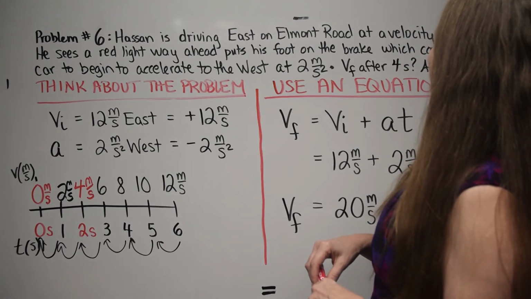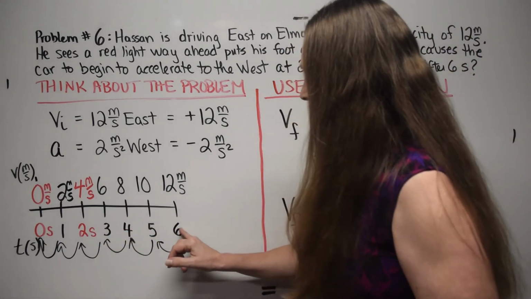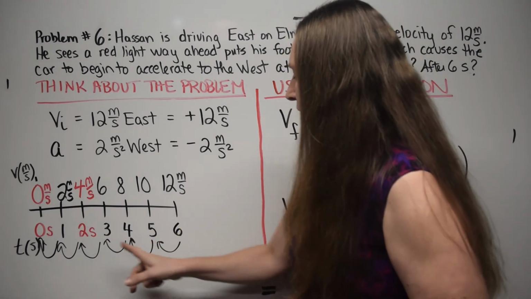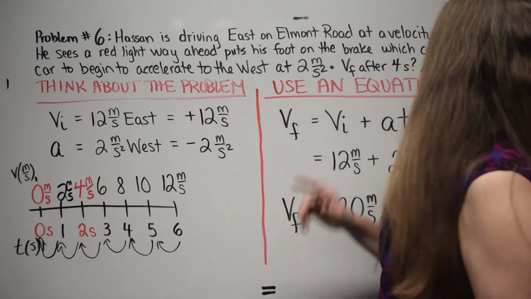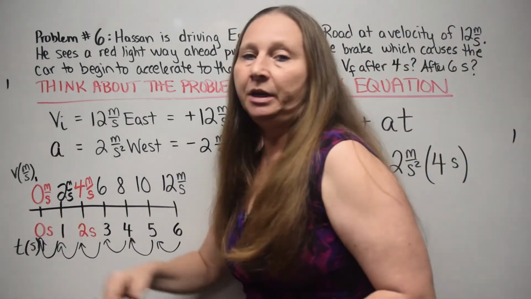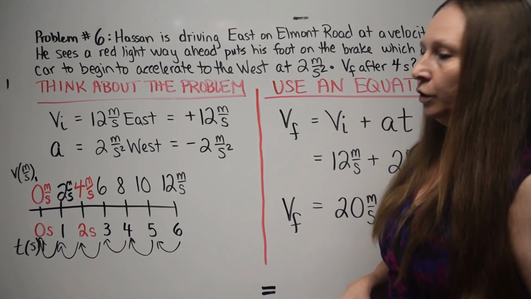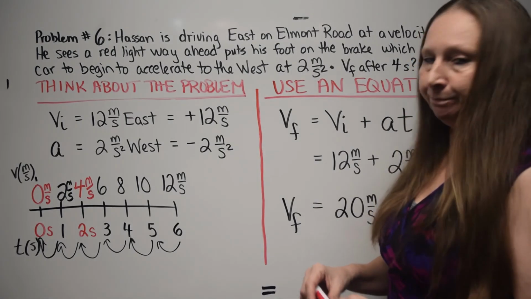So after 4 seconds, your speed is 4 meters per second. After 6 seconds, your speed is now 0. The car has come to rest.